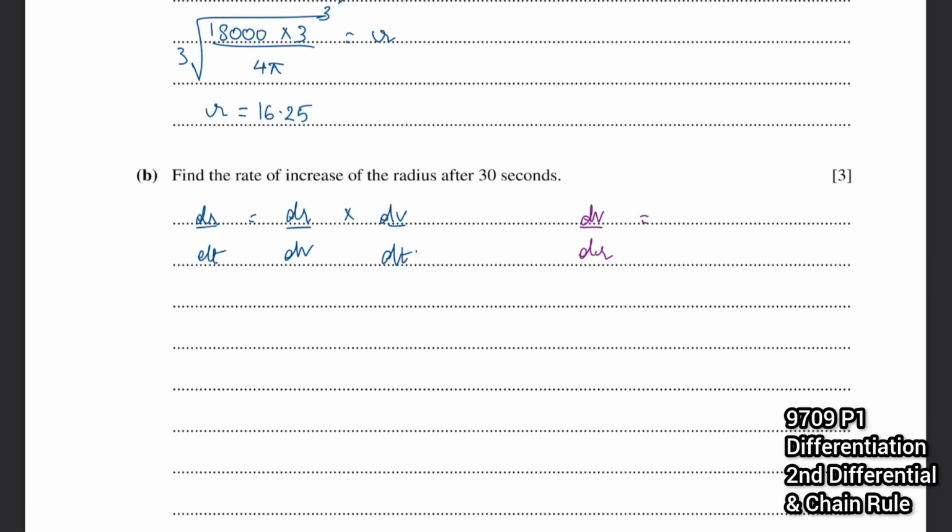You differentiate it, it becomes 4 pi r square. So dr by dt is equal to, this is dv by dr, but we need dr by dv, so we reciprocate it. 1 upon 4 pi, r is 16.25 square, dv by dt is 600. This is equal to 0.181.